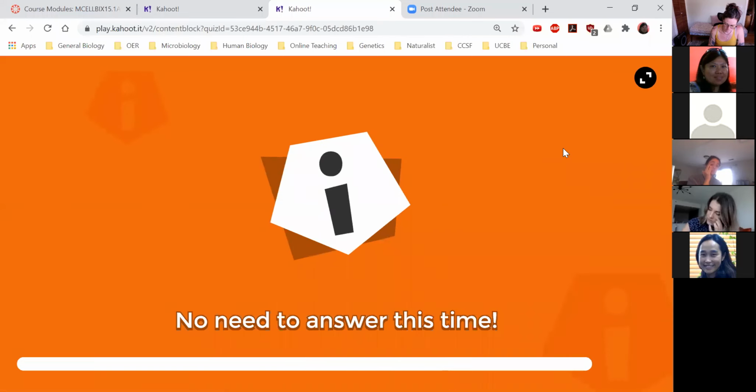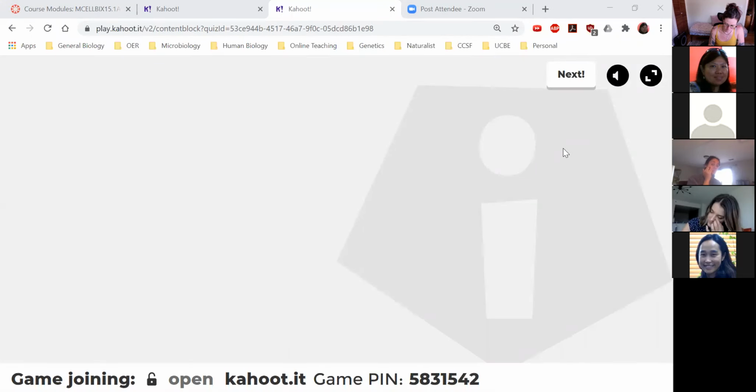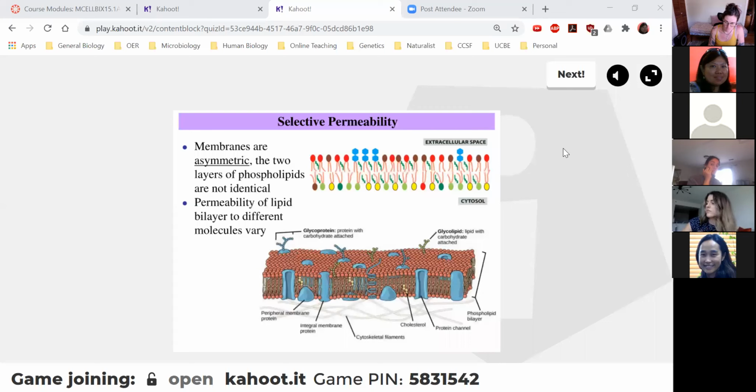So that's what makes up the membrane. And of course, one of the main properties of the membrane that makes it important for its function is called selective permeability. Basically, they are selective in what they allow to go into the cell and what they allow to come outside of the cell.